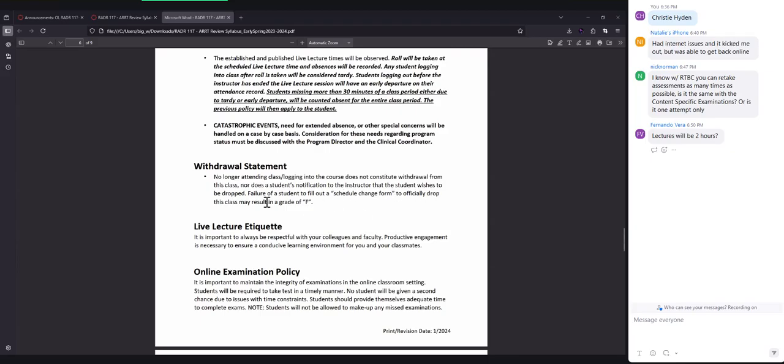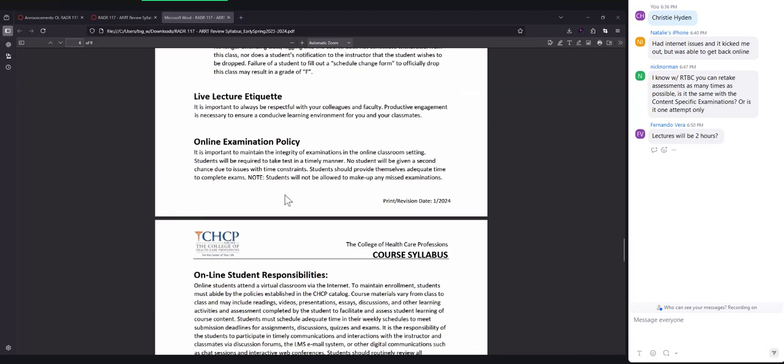If you do not do that and you stay in and active on the roll all the way through, I have to assign zeros for the things you don't complete. You get an F, and that counts as an attempt in the class. So I believe you have a limited number of times that you can take a course. So you definitely don't want to lose out just because you didn't drop that course yourself.